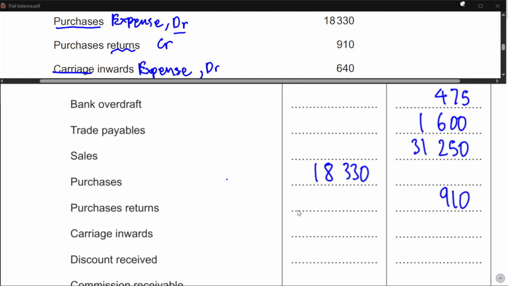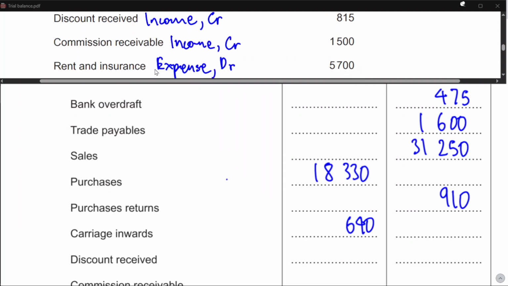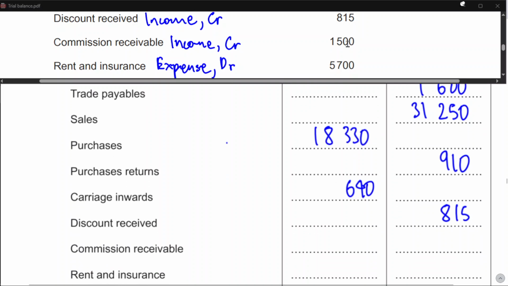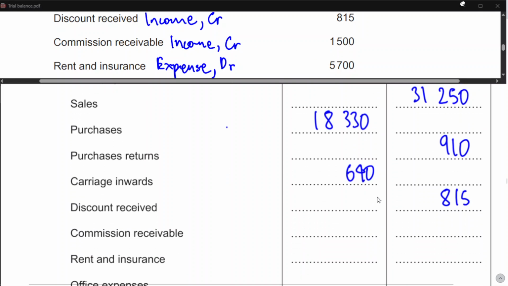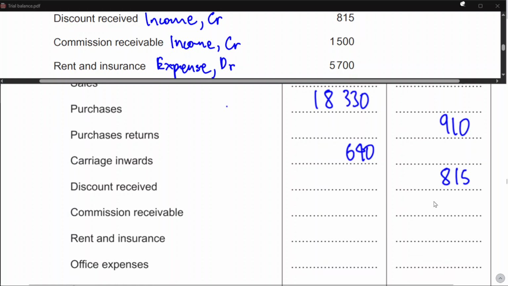Debit 640, left, 640. And credit 815, so right 815. Then credit 1500, so right hand side 1500.